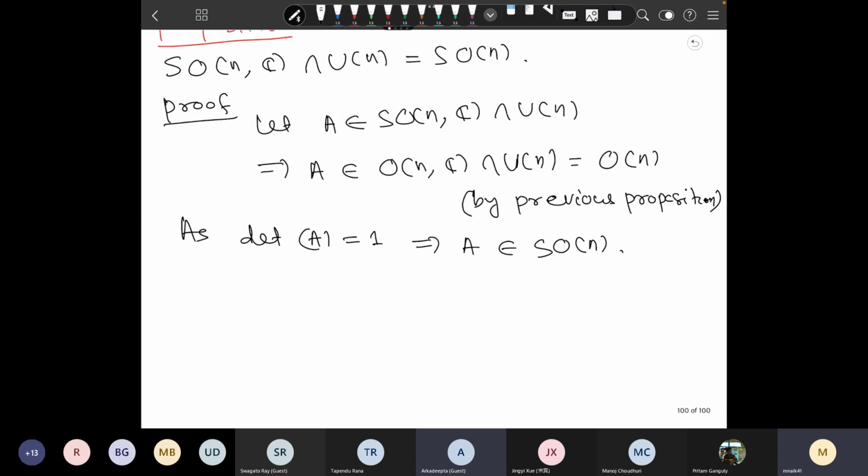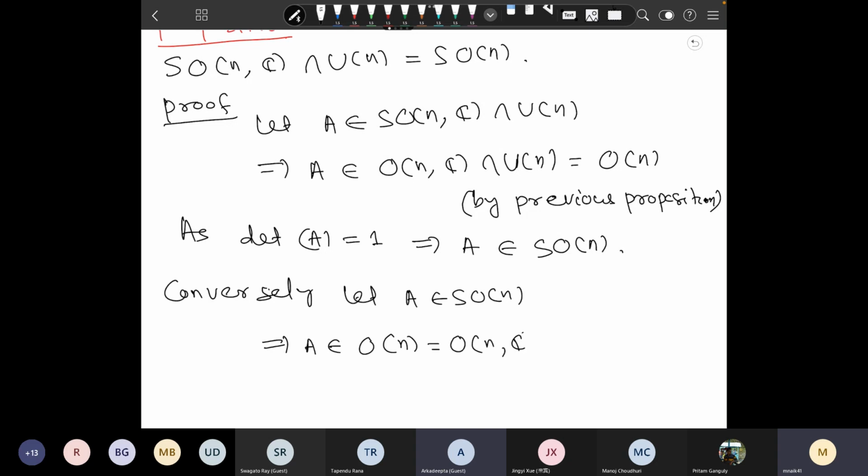Conversely, let A belong to SON. So this implies A belongs to ON, and ON is nothing but ONC intersection UN, by the previous proposition.